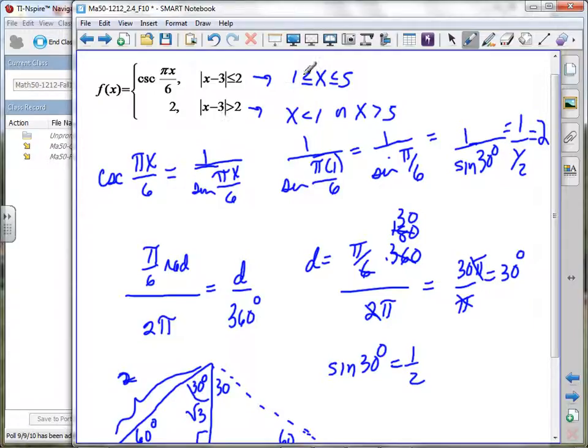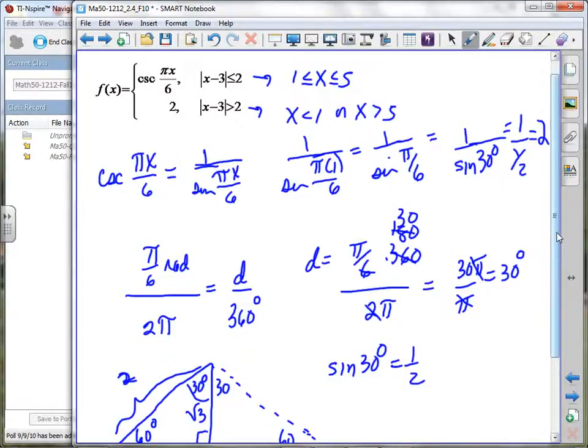So on the lower end of the interval, my cosecant value is how much? 2. Okay.